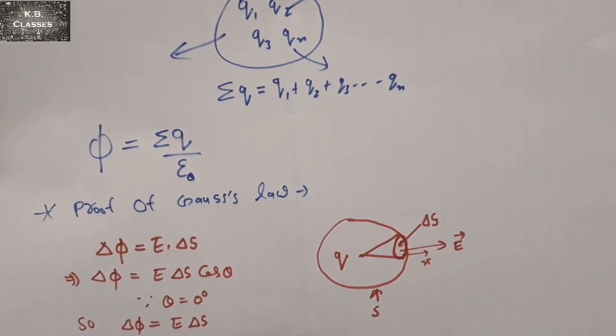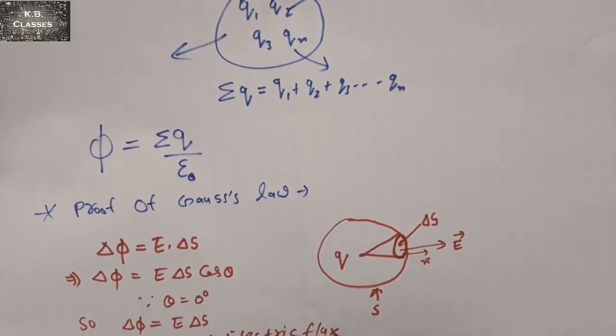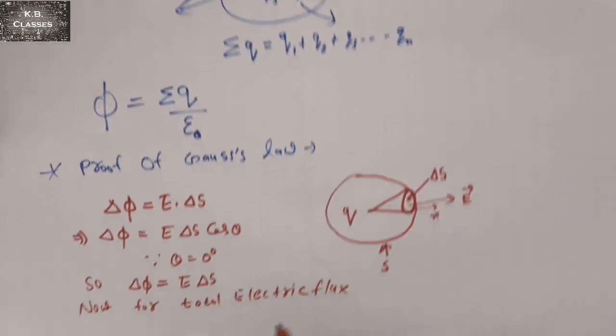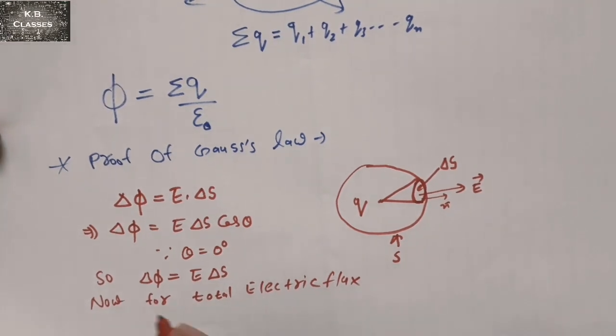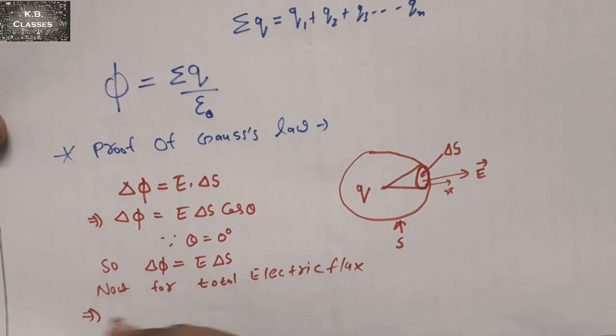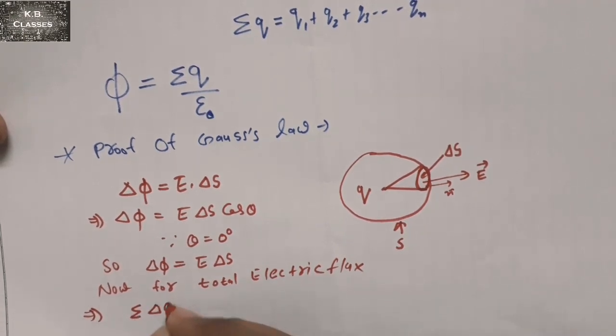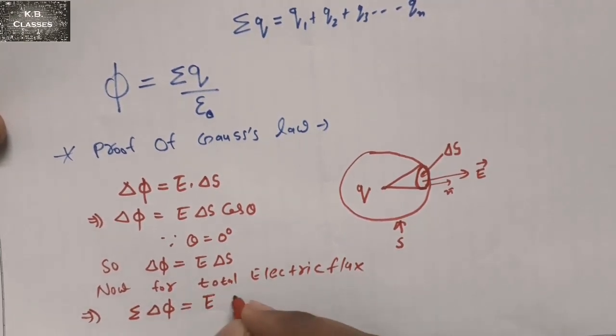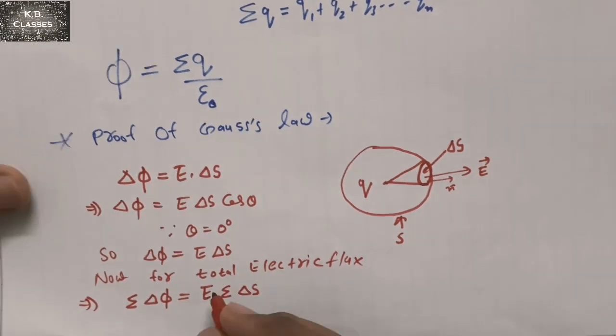Now for the total electric flux we sum both sides, and we get summation delta phi equal to E summation delta s.